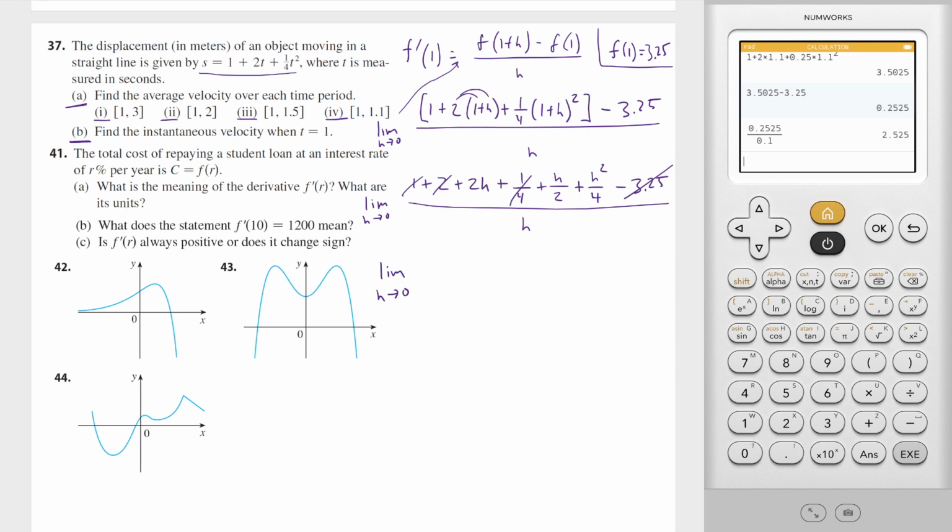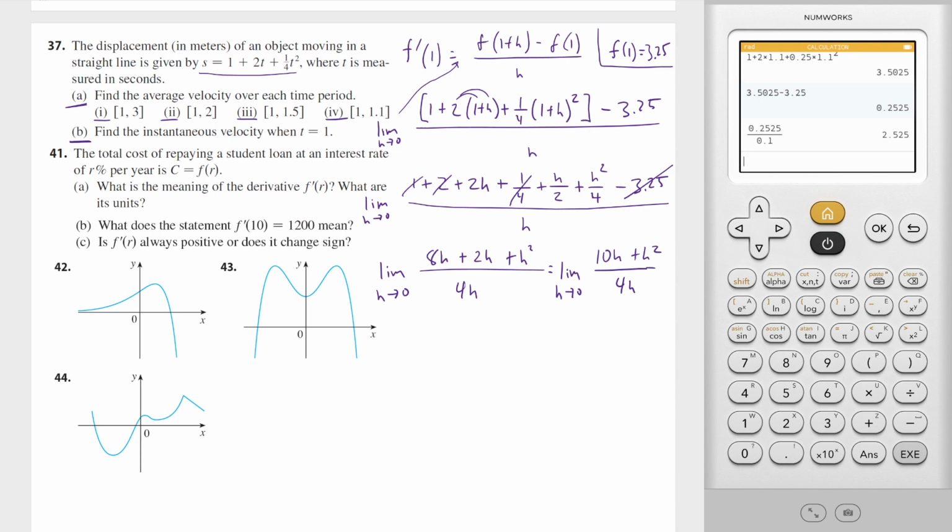So multiply top and bottom by 4. And so on the bottom, I'm going to have 4h. And then on the top, I'm going to have 8h plus 2h plus h squared. Okay, so that's the limit as h goes to 0 of 10h plus h squared, all divided by 4h.